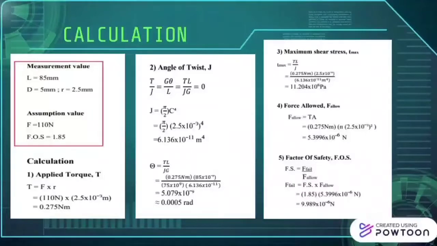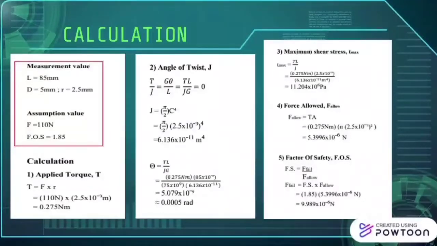For the polar moment of inertia, we use the formula pi divided by 2 times radius power of 4, which is pi divided by 2 times 2.5 mm power of 4, and the final value is 6.136 times 10 power of negative 11 meter power of 4.